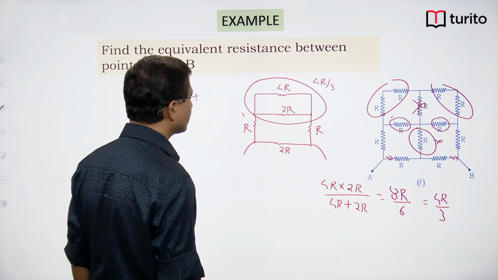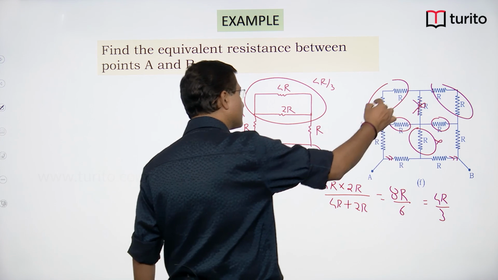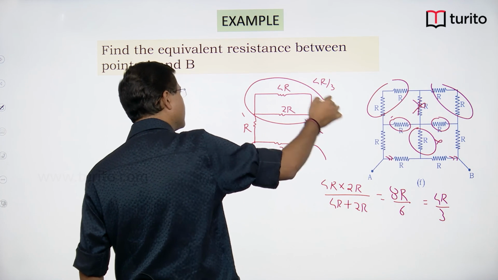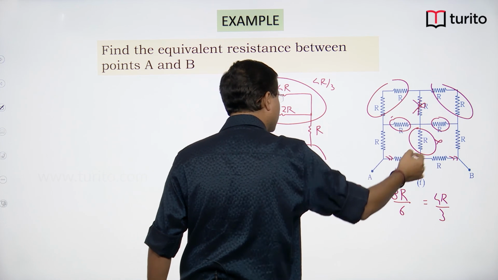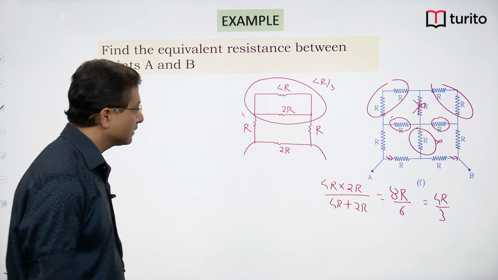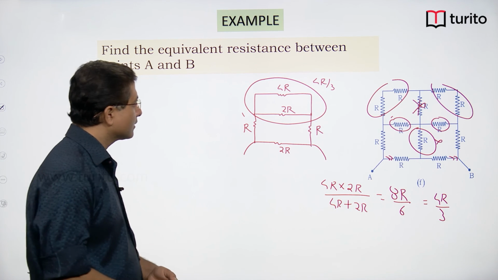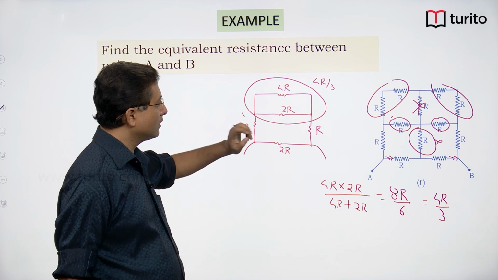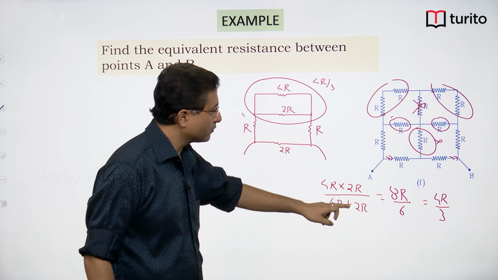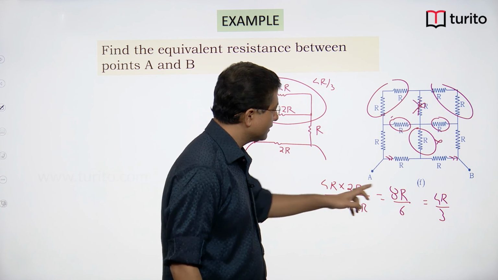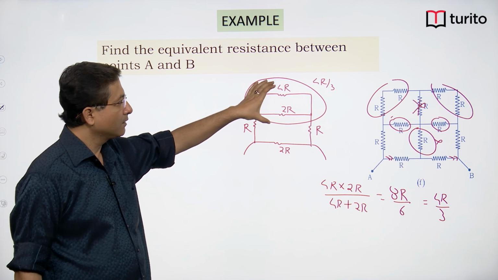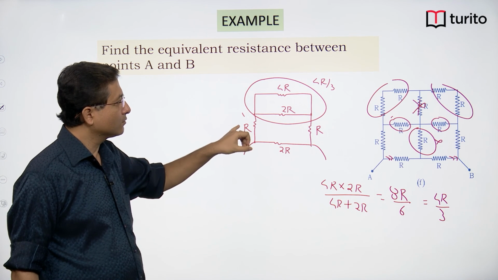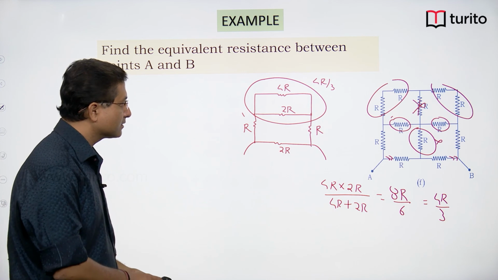Let me check the calculation once again. So this is 4R, this is 2R. This one is R, this one is R, this is 2R, right? And here 4R and 2R, 4R into 2R divided by 4R plus 2R, 6 I can see here, 8 I can see here, 4 by 3 I can see here. This is 4R by 3, and now this R is connected in series.